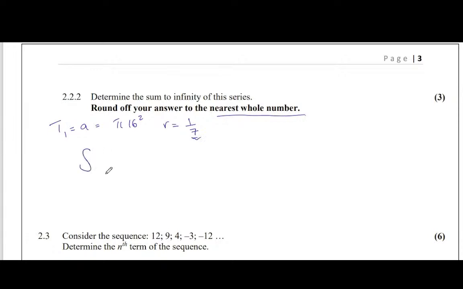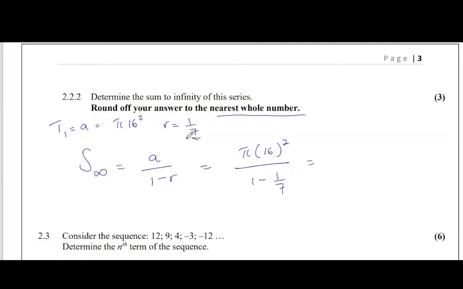And we know that from the formula of sum to infinity, it's A over 1 minus R. Our A is pi 16 squared over 1 minus 1 over 7. So if I put this into my calculator, I'll have pi 16 squared over 1 minus 1 over 7.